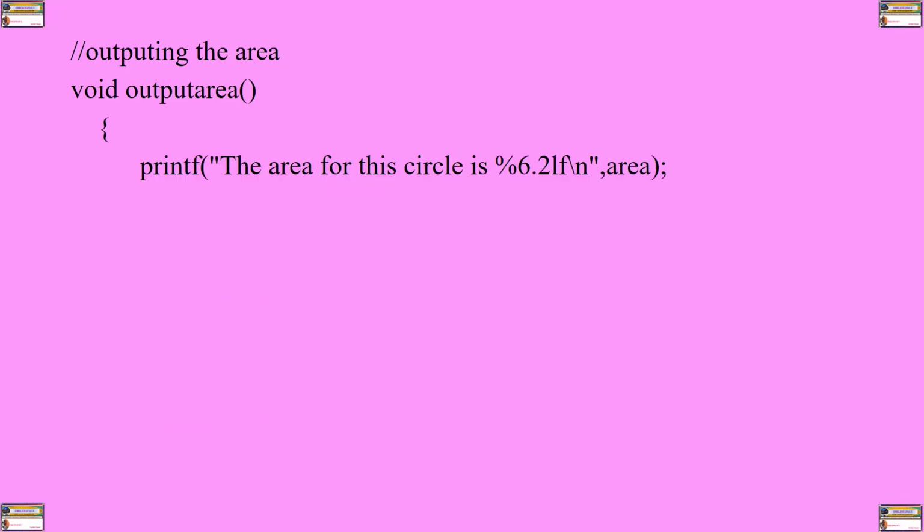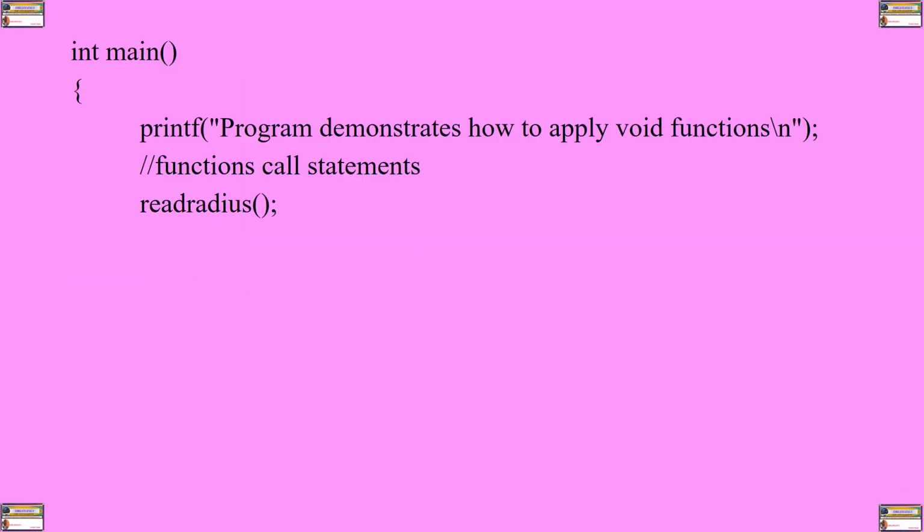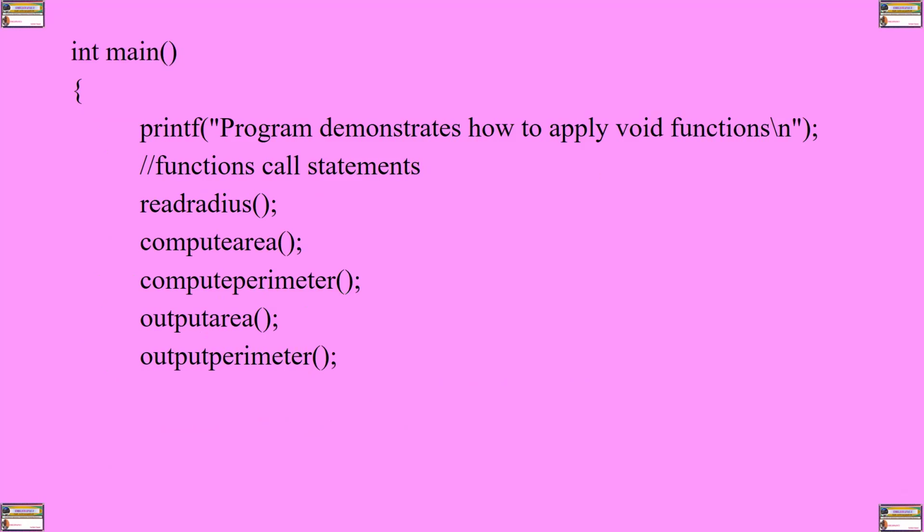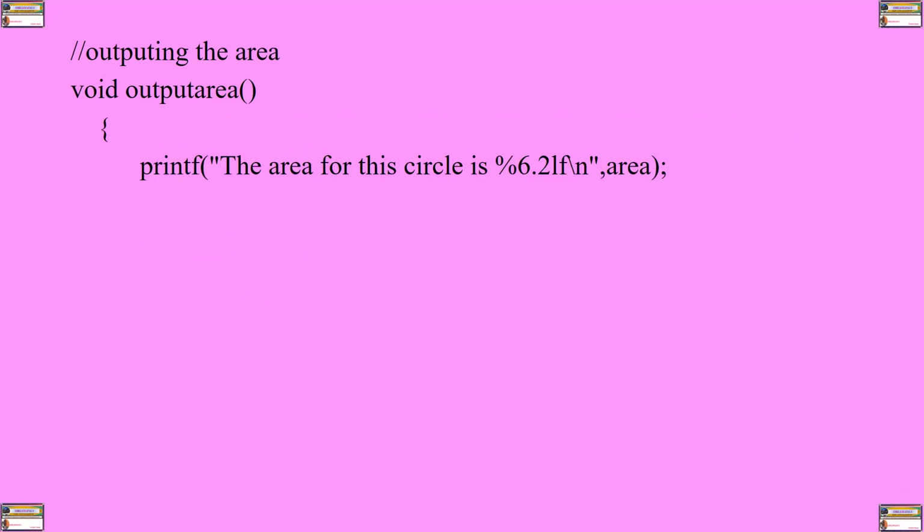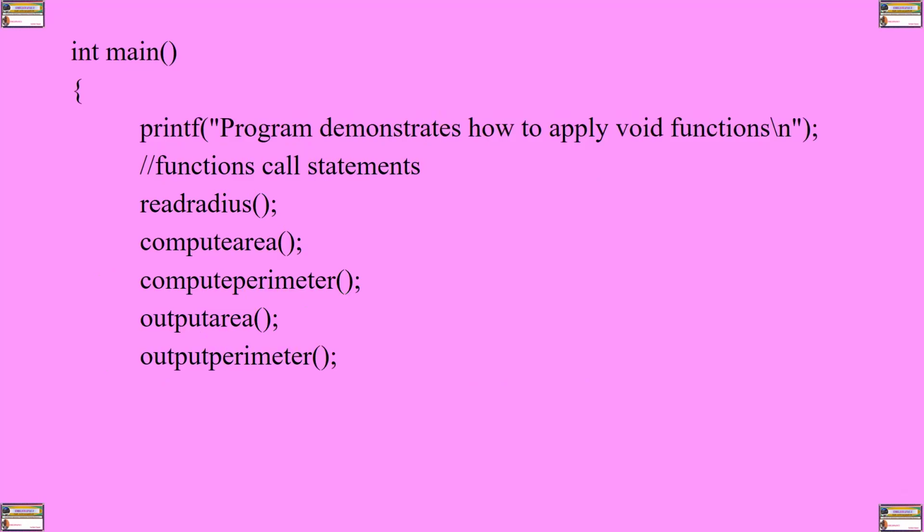It will perform this activity here, and once this brace is encountered, the control will be taken back again to the main program. So once output area is executed, the control goes to the function called output area, and once the brace is encountered, it returns to the main program, to the next line, which is output perimeter.